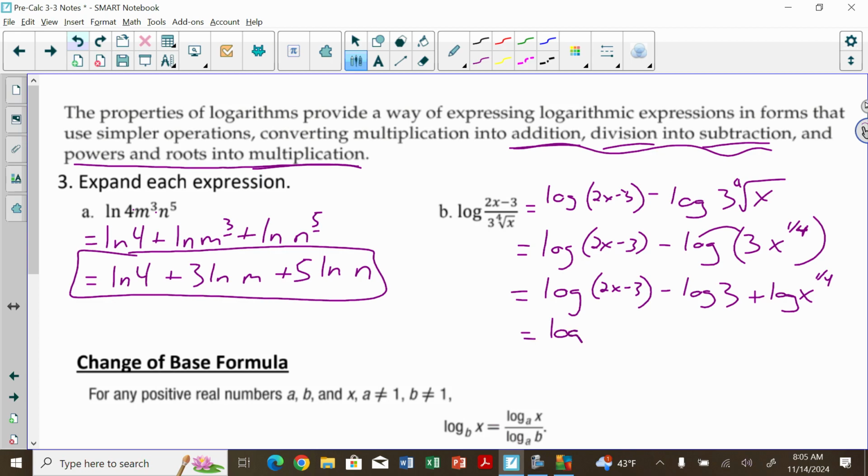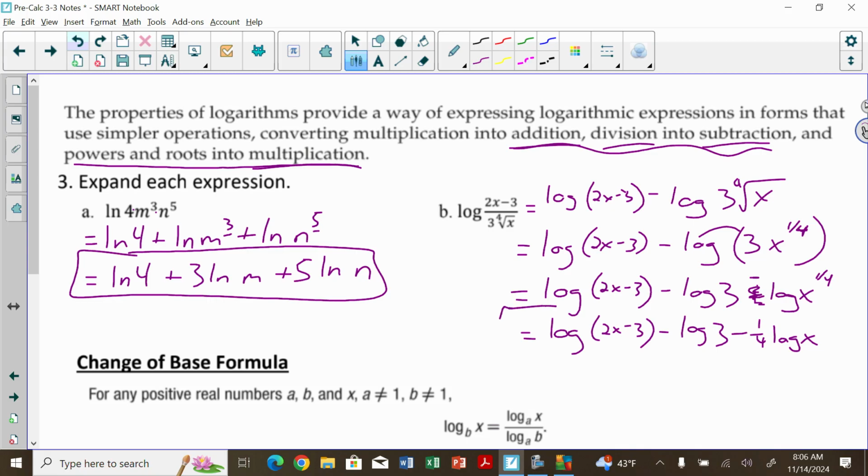Now, finally here, again, first term, nothing changes, so I put that there. The next two terms now, the only thing that's going to change here is that, I guess this should be a negative, right? And then I'm going to take that power and put it in there. It should be a negative log 3, positive. So then it's going to be 1/4 log x.